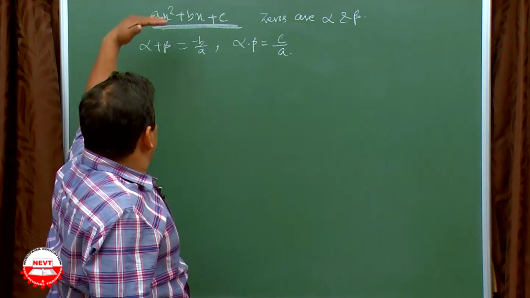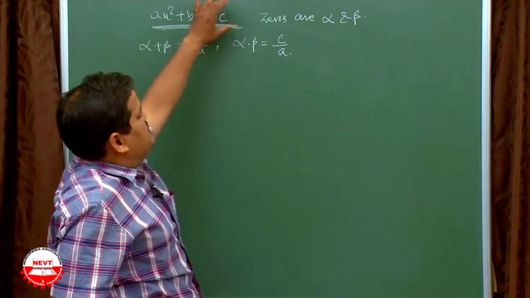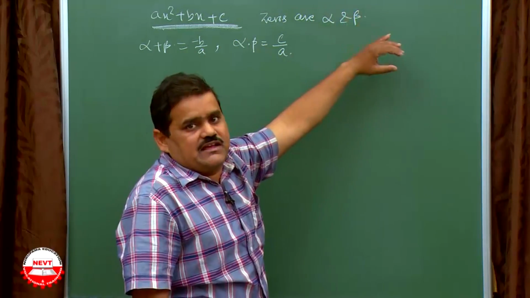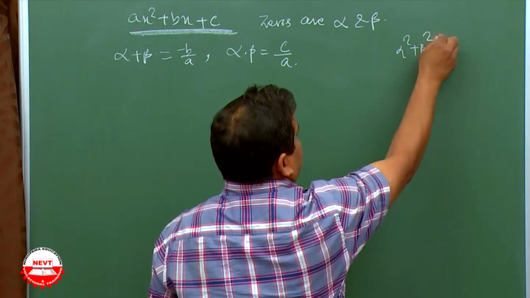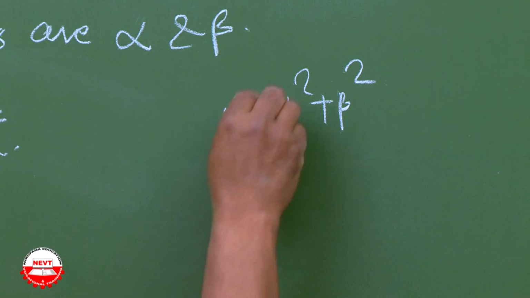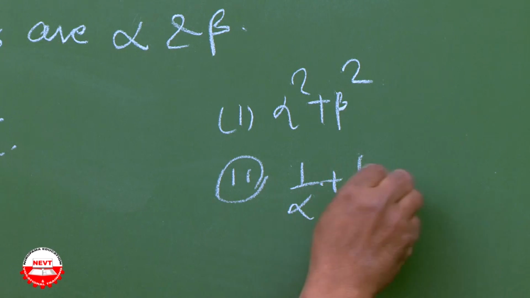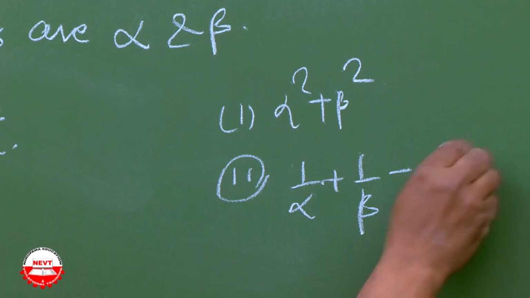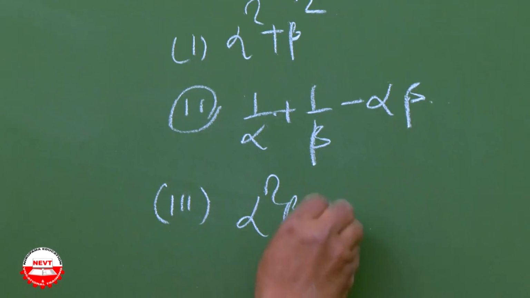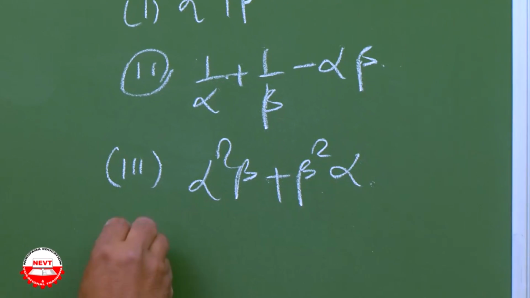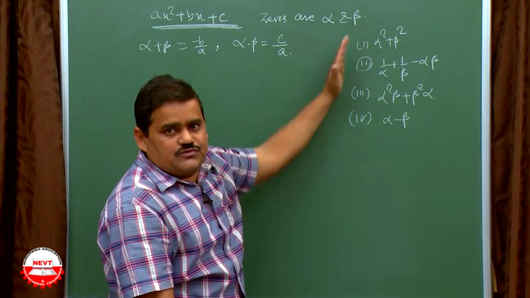So the questions are asking you that if this is a quadratic polynomial and zeros are alpha and beta, then find the value of alpha square plus beta square, or second bit 1 by alpha plus 1 by beta minus alpha beta, third bit alpha square beta plus beta square alpha, fourth bit alpha minus beta. These four questions we will discuss.